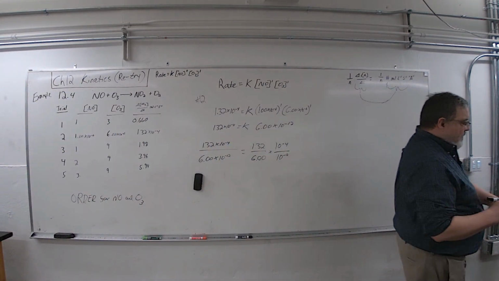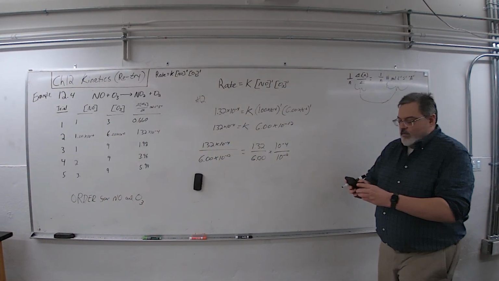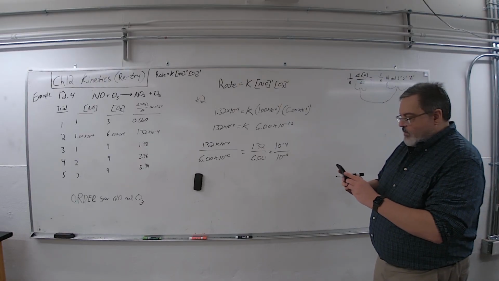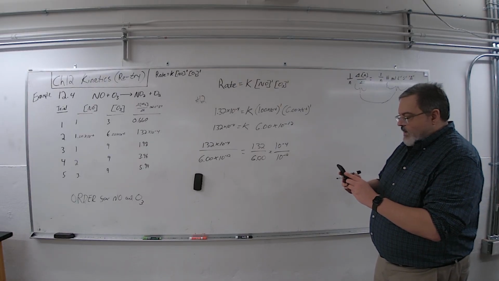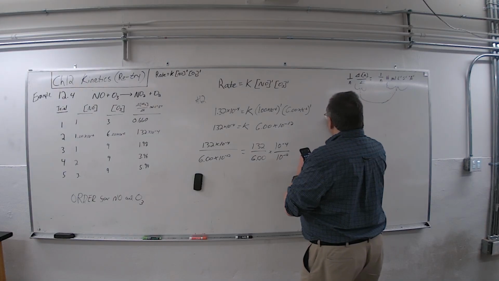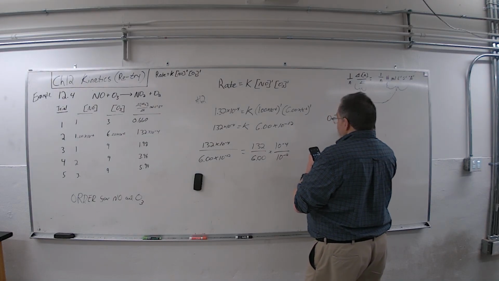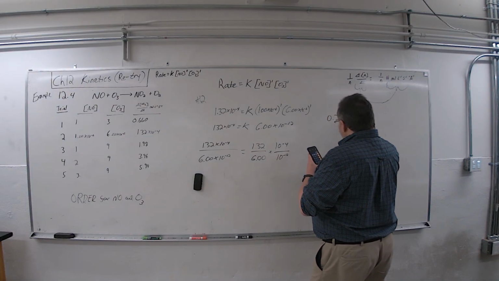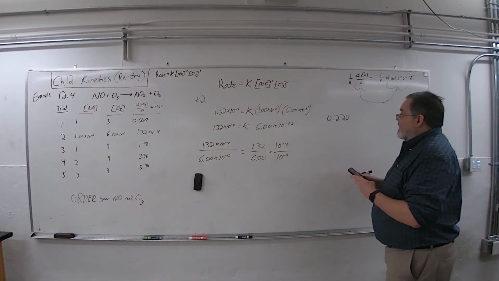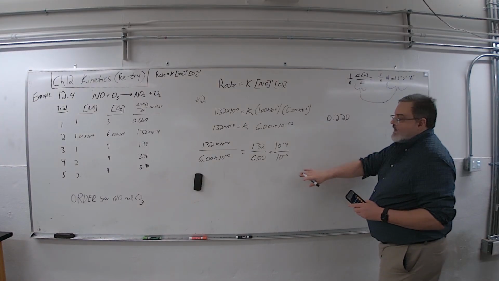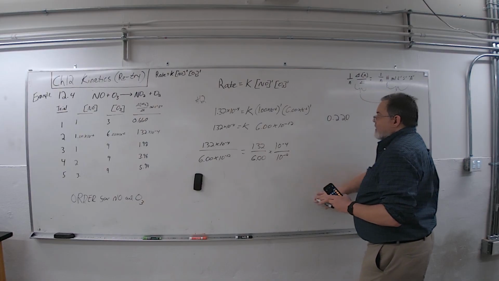The numerical part, 1.32 divided by 6.00 is 0.220 for my significant figures. My calculator just said 22, but that's three significant figures.